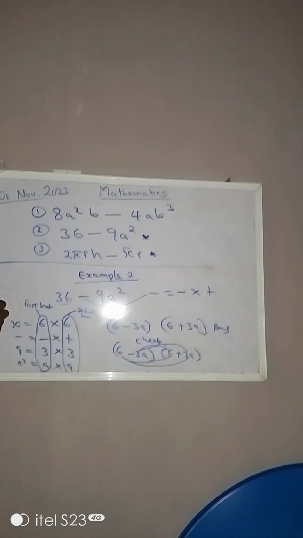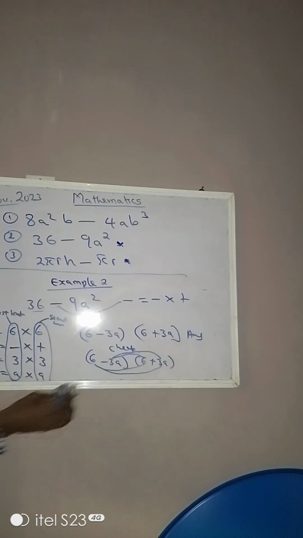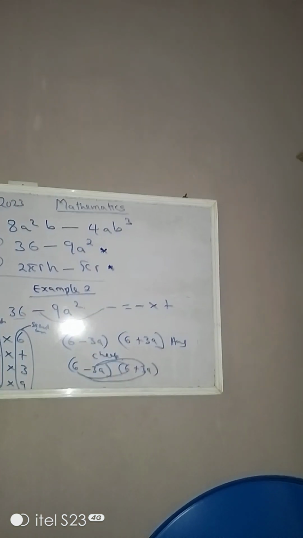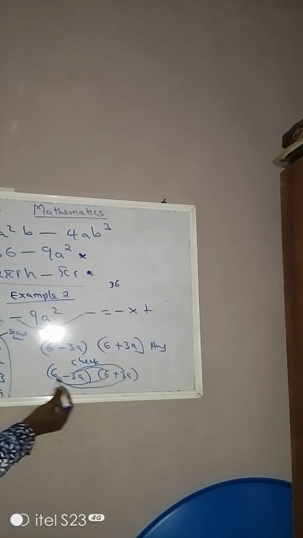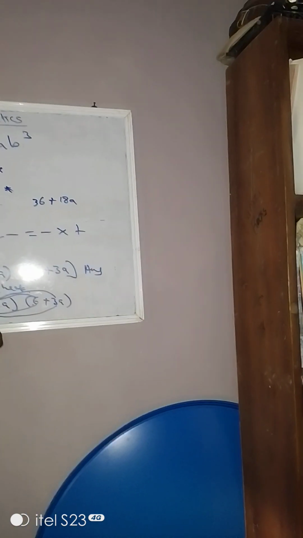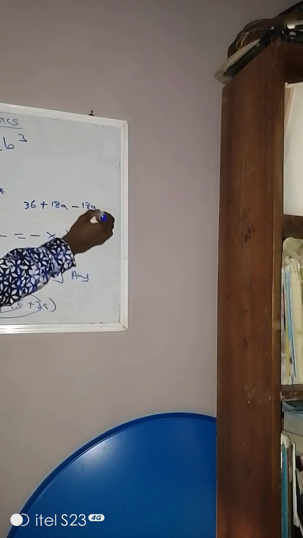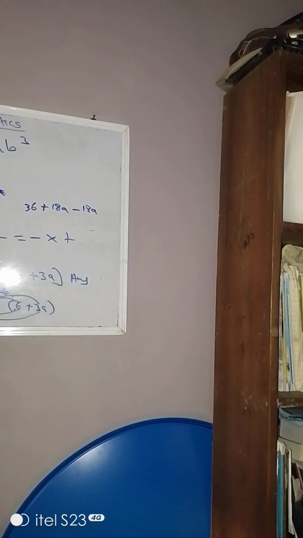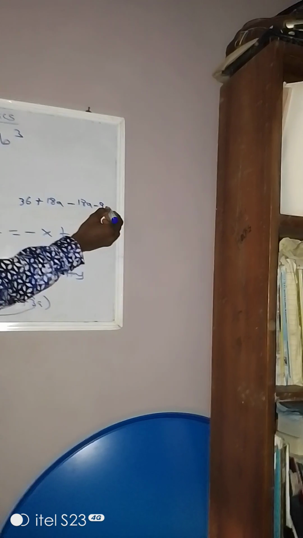So we have it as 36, this times this; then this times this, plus 18a; then this times this, minus 18a; then this times this, minus 9a squared.